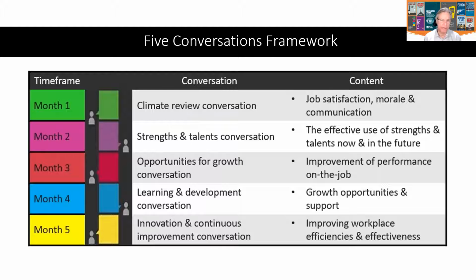Now, these are all developmental conversations. So this is all about the person rather than the task. And over on the right-hand side, you can see there's some content around what you're going to talk about. Let me briefly take you through this and explain what these conversations are all about and how you might use them in your regular check-ins.